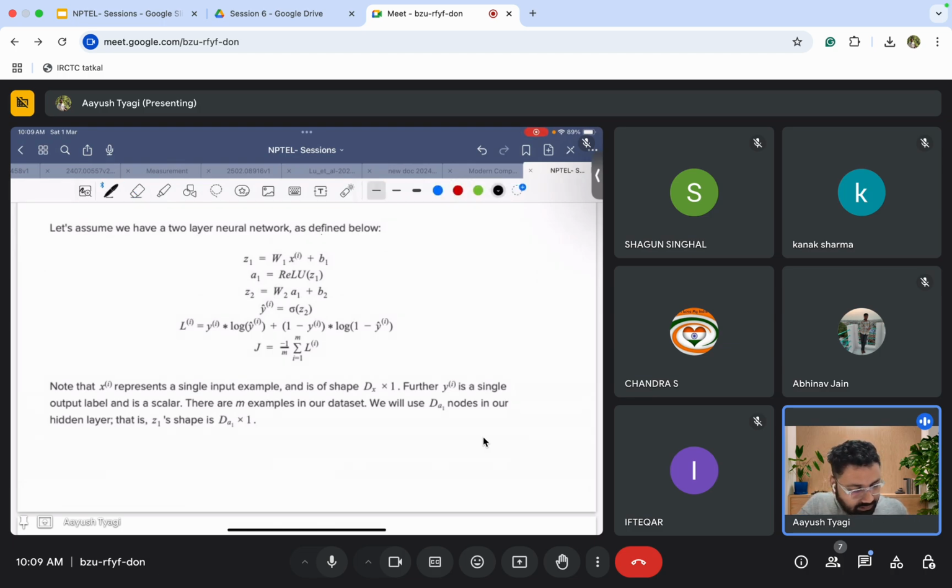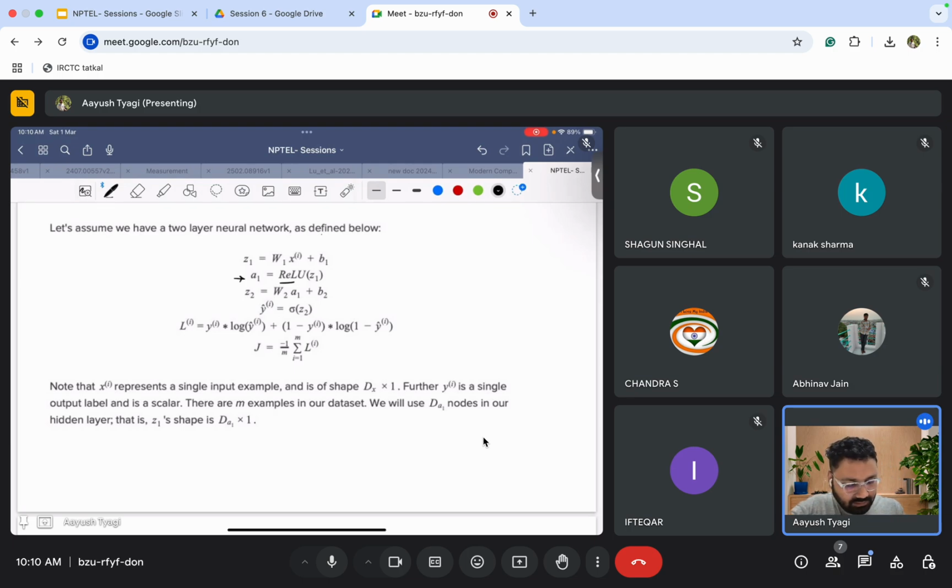You multiply X with your weights W1 and add the bias term, so you get an intermediate representation, that is Z1. You add non-linearity to it. In this case, for the inner layer we are using ReLU, and applying the non-linearity on Z1, you get A1, which is the output of the activation unit.